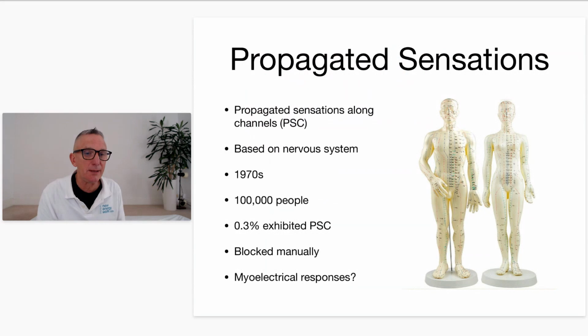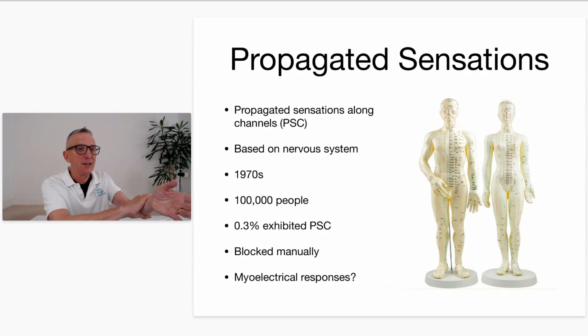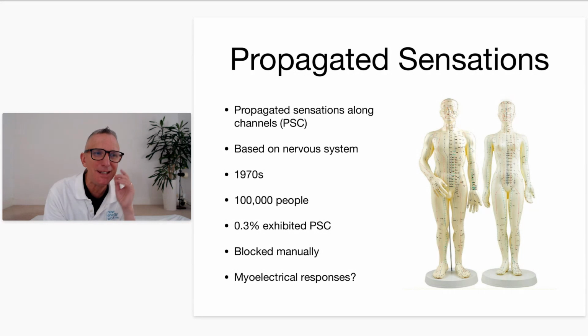So even the people who could actually feel sensations up the channel when they got poked, so they got poked here, say, and could they feel it up here? They could be manually blocked by actually holding, blocking the channel manually, and that would stop the sensation. So that made them think, maybe it isn't the nerves, okay? But they didn't know exactly what it was.